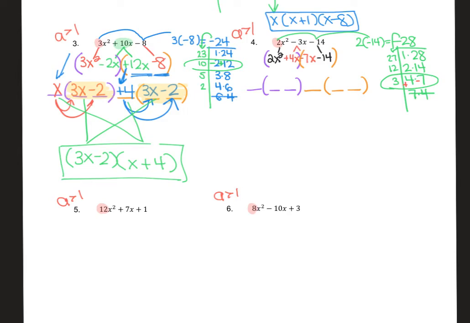Now, I told you, the first GCF is almost always going to be an x. But here I have a 2 and a 4, so I'm also going to be able to pull out a 2. So 2x times what gets me 2x squared? That's going to be an x. 2x times what gets me back to plus 4x? That's going to be plus 2.